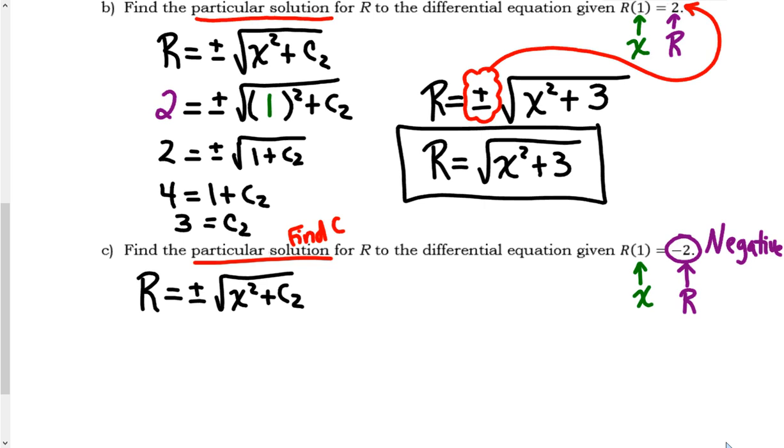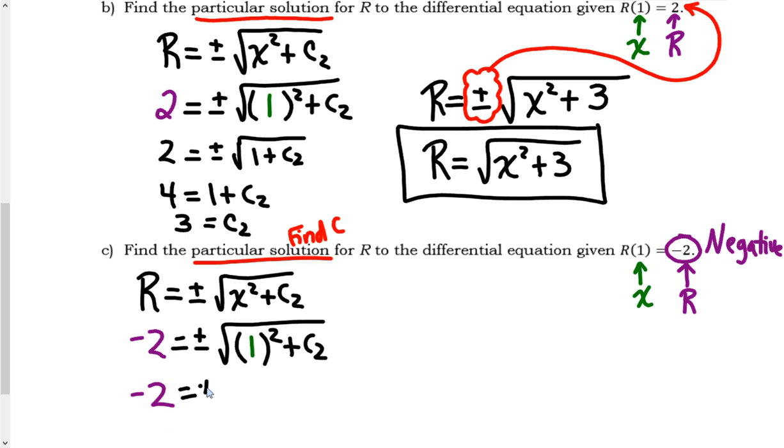So let's plug all this in. My R is -2, and that is going to be equal to the plus or minus square root of something squared plus C2, and my X in this case is a 1. So now I have -2 is equal to plus or minus square root of 1 plus C2.